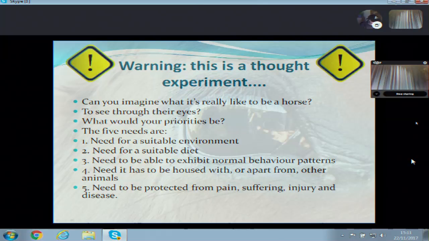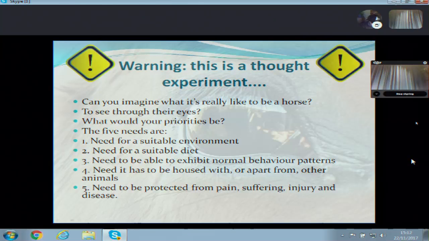These are: 1, need for a suitable environment; 2, need for a suitable diet; 3, need to be able to exhibit normal behaviour patterns; 4, the need to be housed with or apart from other animals; and 5, the need to be protected from pain, suffering, injury and disease. And one might wonder how that's going to hold given what's going on at the moment with sentience and Brexit.